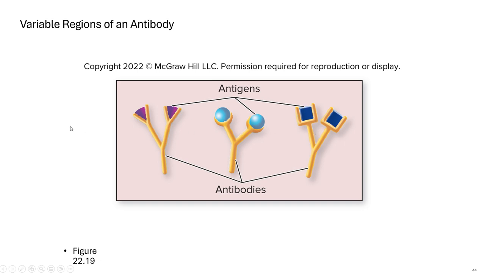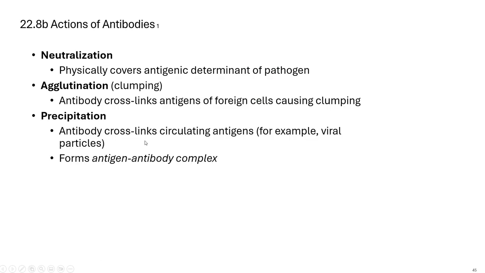And if it doesn't fit, then it's not going to bind to it, right? And so consider that whenever you are thinking of the specificity of these antibodies, the antigen binding site has to match up with the actual antigen that it's binding, right?